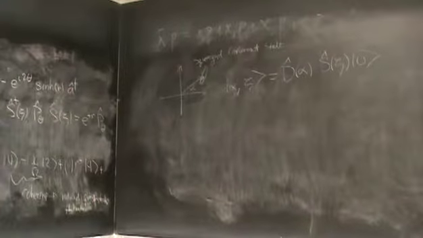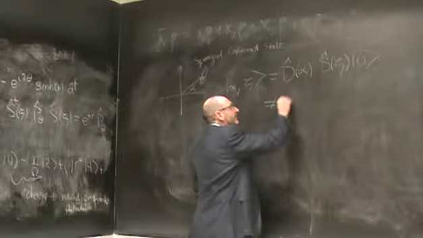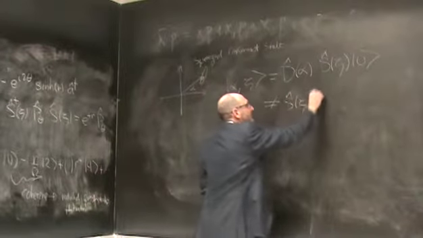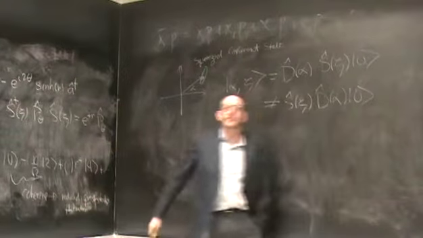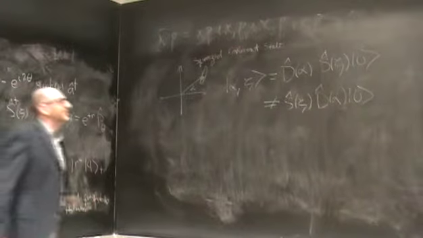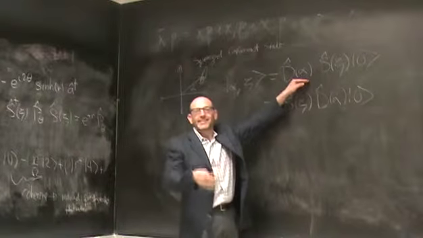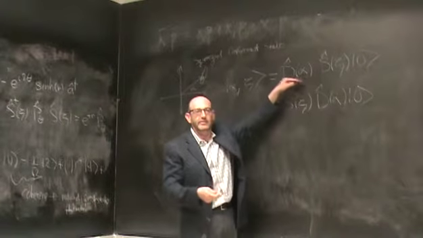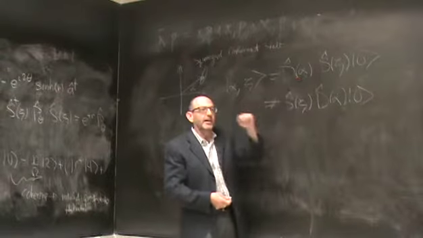Yeah? Does it make any difference which way around you do the... It does. That's exactly what I was about to say. This is not the same thing as the other ordering; they don't commute. You find a different amount of squeezing in this case. And this is the way that, to me, makes sense, and most modern texts define squeezed coherent states this way.